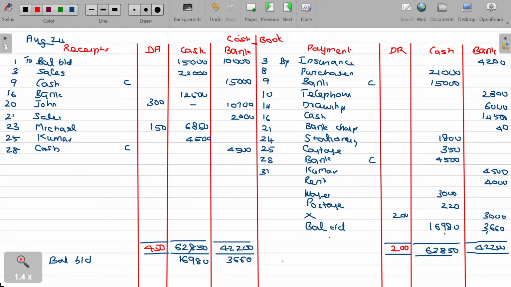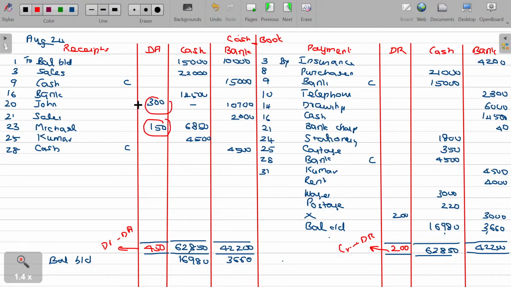It should be totaled. In case of totaling, how you do for the purchases book as well as sales book, the same method will be followed here. In case of discount allowed, this value goes to the debit side of the discount allowed account. And this will go to the credit side of the discount received account. If the total goes to the debit side, the party account will go to which side?